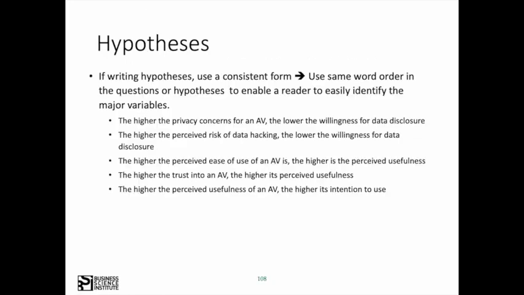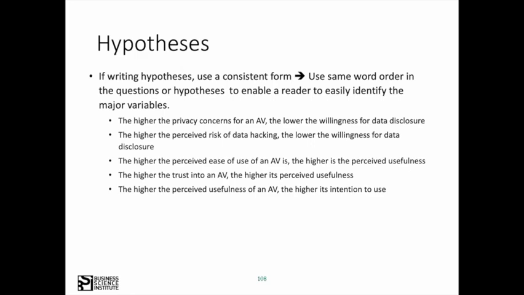So in your hypothesis, you explain the consequences of the change of an independent variable on the dependent or explained variable. And a piece of advice: when you write hypotheses, be consistent. Use a consistent form, use the same word order in the hypotheses to enable the reader to easily identify the major variables, because if you have 5 to 10 hypotheses, the easier it becomes for the reader to follow your argument. For example, the higher the privacy concerns, the lower the trust.